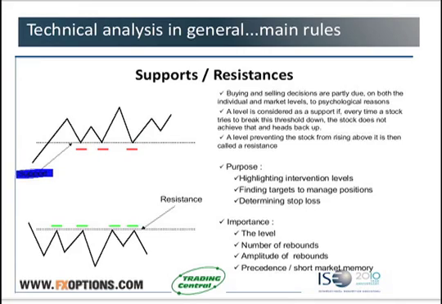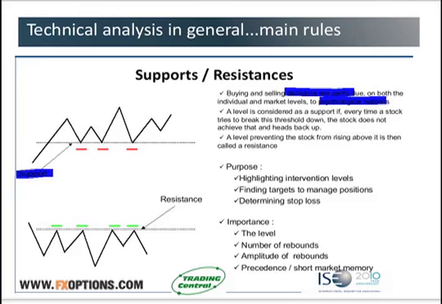We have seen in the previous slide that decisions are partly due to psychological reasons, and that's why when, for example, a price reaches a certain level, people tend, in the case of a support, to buy again at this level because they know that in the past this level has already been hit and has not been broken down.